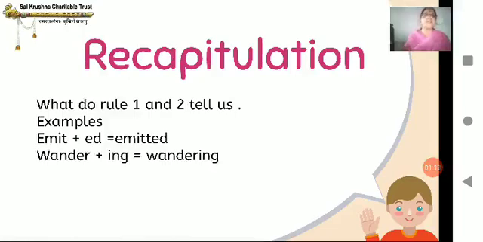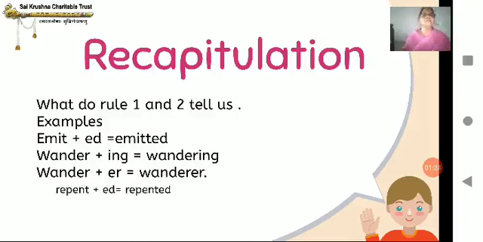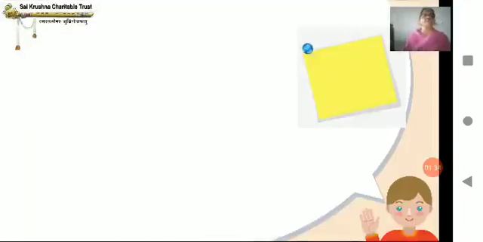T has doubled itself. Wander plus ing is wandering. There is no difference. Wander plus er is wanderer. Do you remember the wanderer? Who is a wanderer? Yes, planets are called wanderers. Repent plus ed is repented.